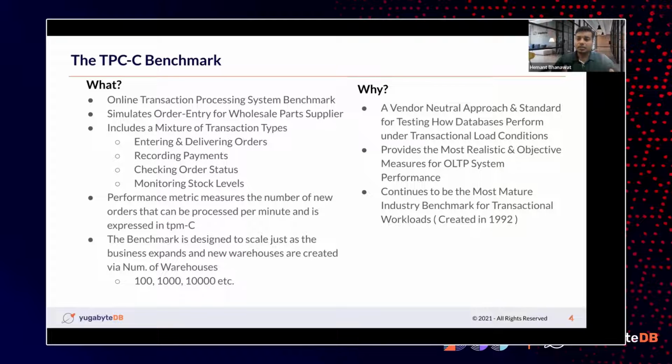But when we have to compare the performance, we look at how many new orders were processed per minute. That is the metric that we look at when we are looking at TPC-C results. There is a theoretical transactions per minute that can be achieved as per the TPC-C standard. That is a theoretical limit. We cannot reach that level because the theoretical level assumes that the database is responding back in 0 milliseconds.